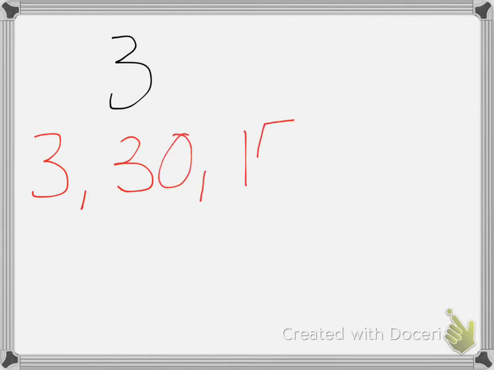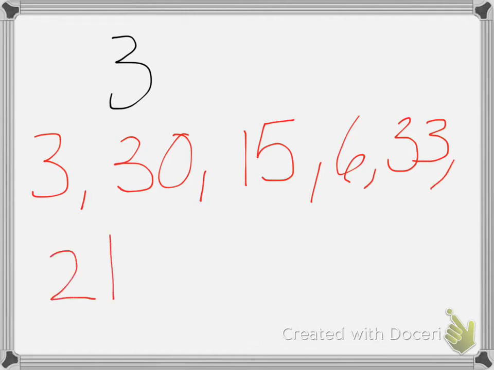What we're going to do is use multiples to divide mentally. Multiples are products of a given number. So if I said, what are some multiples of 3? We have 3, 6, 9, 12, 15, 21, 24, 30, 33.